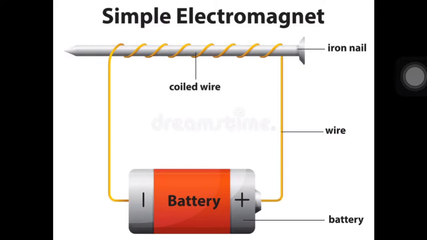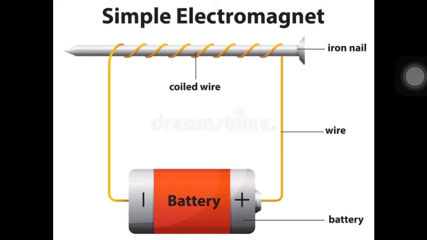That means we are taking a certain length of a conducting wire like copper wire and we wind or wrap that wire in the form of a coil having n number of turns on a metal core. Normally the metal core will be an iron rod or iron bar or iron nail, something like that.